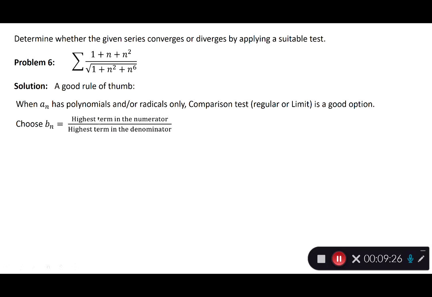Let b sub n be the highest term in the numerator over the highest term in the denominator. Okay, highest term in the numerator is just n square, and the one in the bottom is square root of n to the 6 or n cube. Okay, and so we will apply limit comparison with sigma 1 over n. This is the idea. We will apply the limit comparison test with sigma b sub n equals sigma 1 over n.